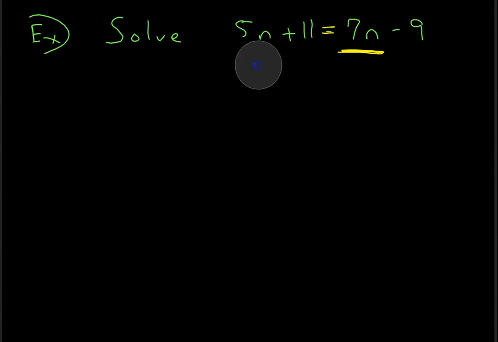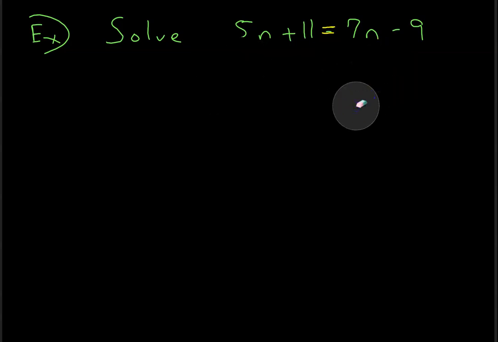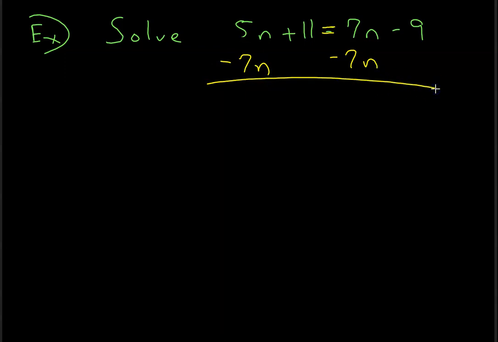So in order to do that, I got to take one of them. Let's take the 7n and move it to the left. To move the 7n across the equal sign, I have to change the sign. I have to subtract 7n. The reason why is, if I subtract 7n, it cancels out the 7n on this side. 7n subtract 7n becomes 0.